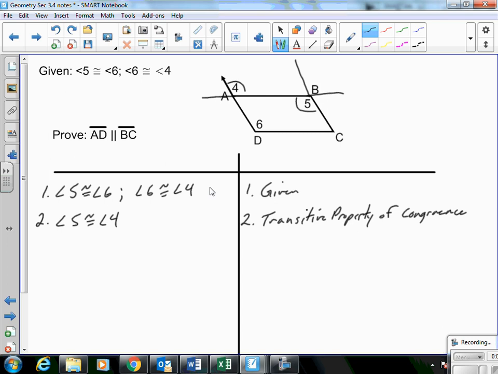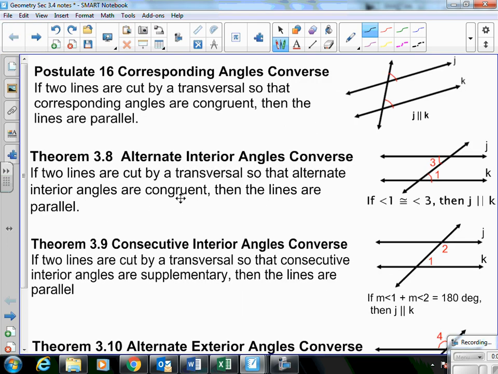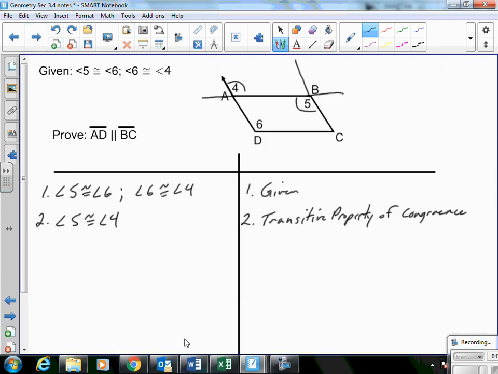And if the alternate interior angles are congruent, then we learned on the first page today, alternate interior angles converse: if two lines are cut by a transversal so that alternate interior angles are congruent, then the lines are parallel.